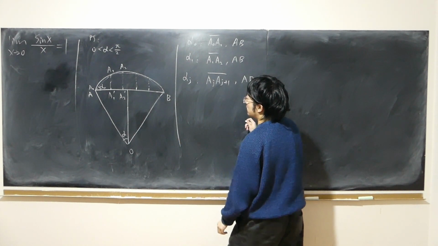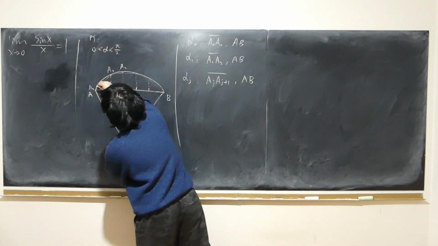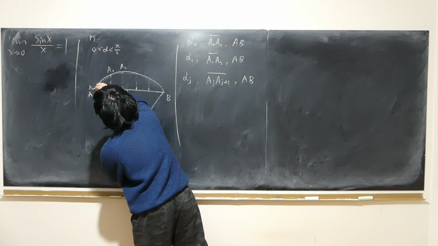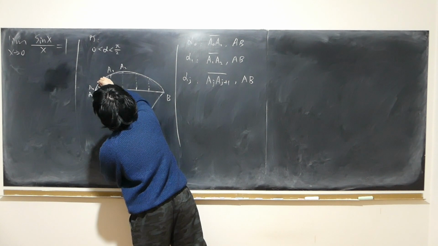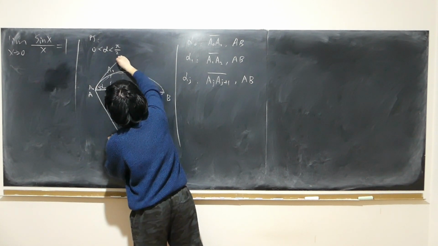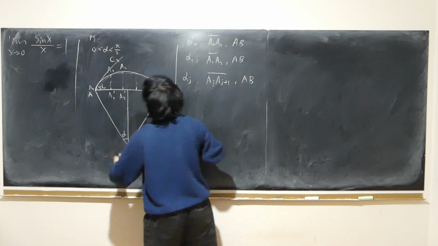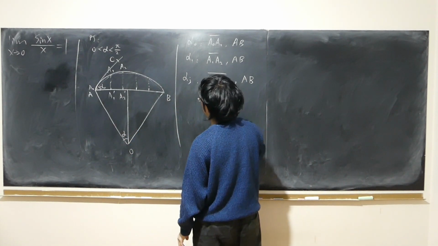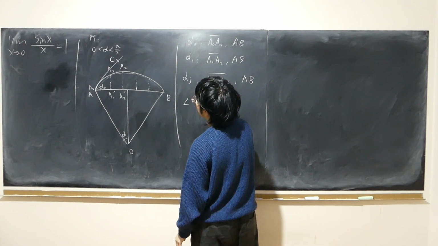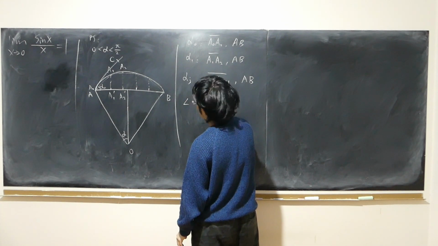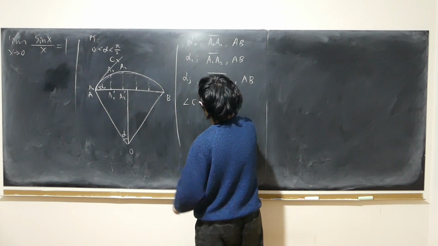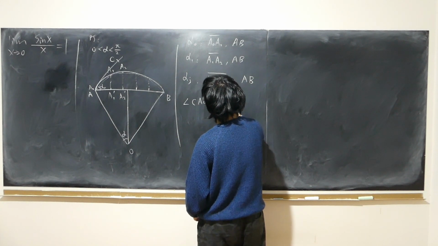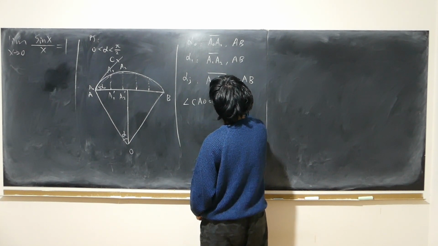First of all, if I draw a tangent line at this point, maybe this point C. So this is a tangent line, therefore the angle CAO is exactly 90 degrees.